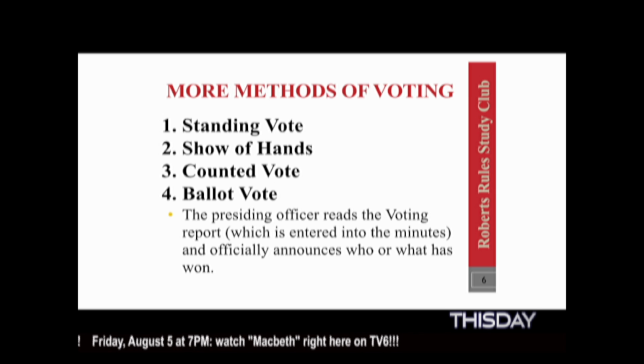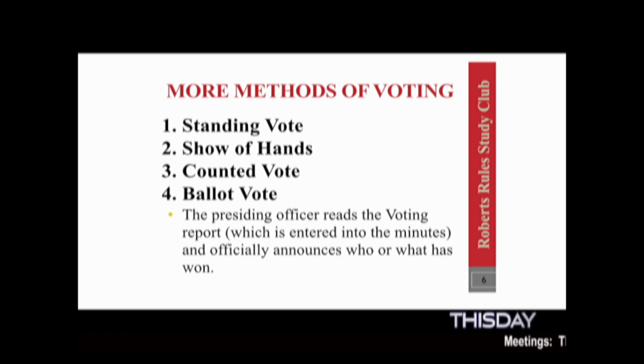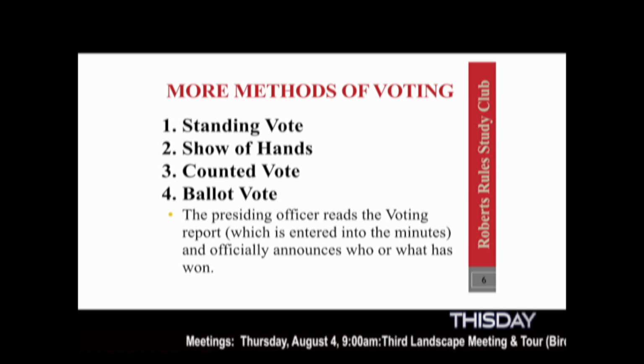An uncounted standing vote is used in 3 cases. Whenever a 2/3 vote instead of a majority vote is required to pass a motion, the chair can take a standing vote, never a voice vote when it's 2/3.